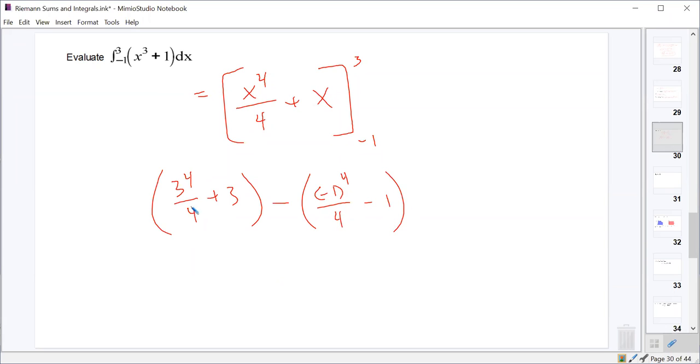And what does that give us? It gives us 81/4 plus 3 minus 1/4 plus 1. So what does that come out to be? 24. Comes out to be 24.